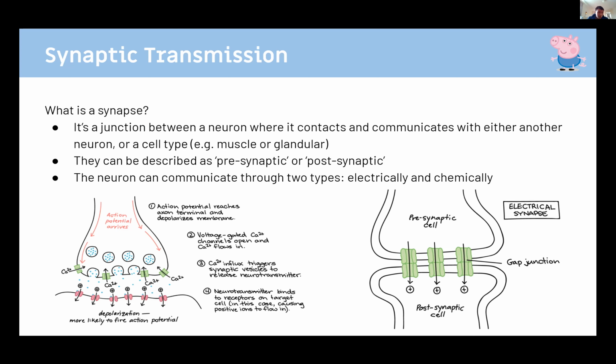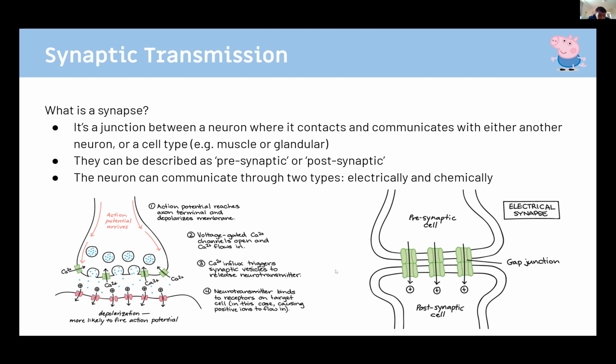You can also have two types of synapses. They can either be electrical or chemical. If it's electrical, the signal that the first neuron sends to the second neuron will be electrical. If it's chemical, they'll be releasing something called neurotransmitters, or chemicals, and communicate chemically instead.